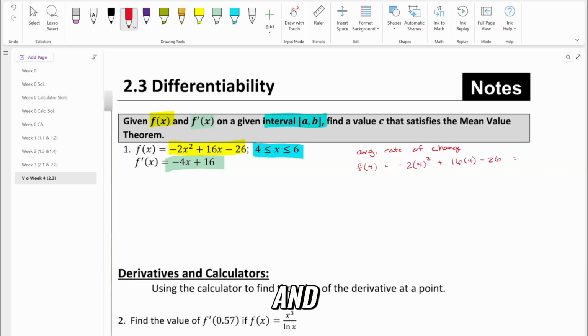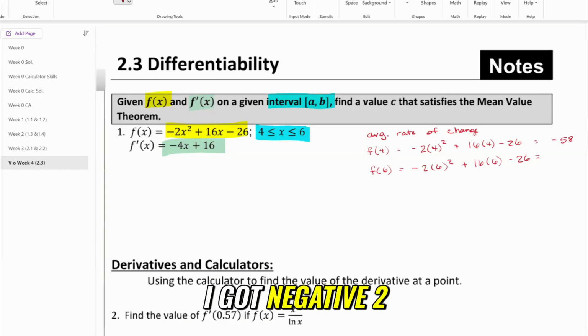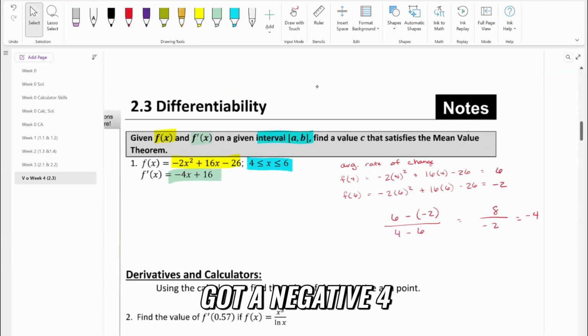And my f of 6 is, somebody with a calculator throw that in there for me. I got -2 for f of 6. There, okay, so I've got a -4.